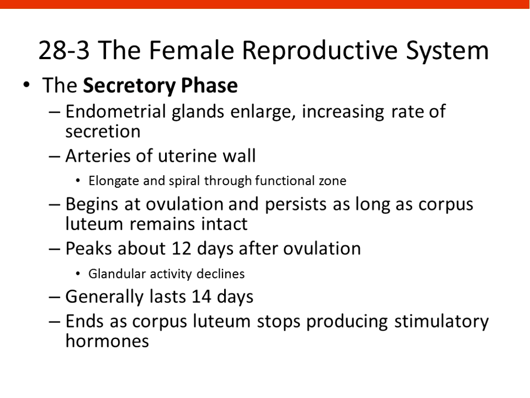In the secretory phase, the endometrial glands enlarge, increase their rates of secretion. The arteries in the uterine wall are going to get longer, and they go through the spiral zone. This begins at ovulation and persists as long as the corpus luteum remains intact. So in your ovary, remember those primary and secondary follicles were getting larger? At this point here, they have released the egg.